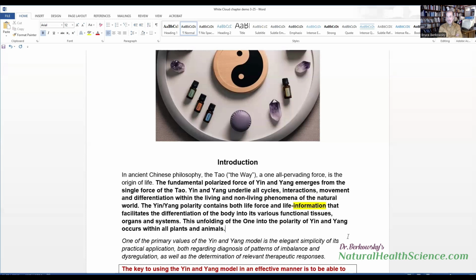But if you can remember patterns of imbalance, rather than every thread in the fabric, if you just remember the fabric as a pattern, patterns of imbalance and dysregulation. In other words, in order for the trillions of cells in the body to function in an organized way, there has to be regulation of all those cells.